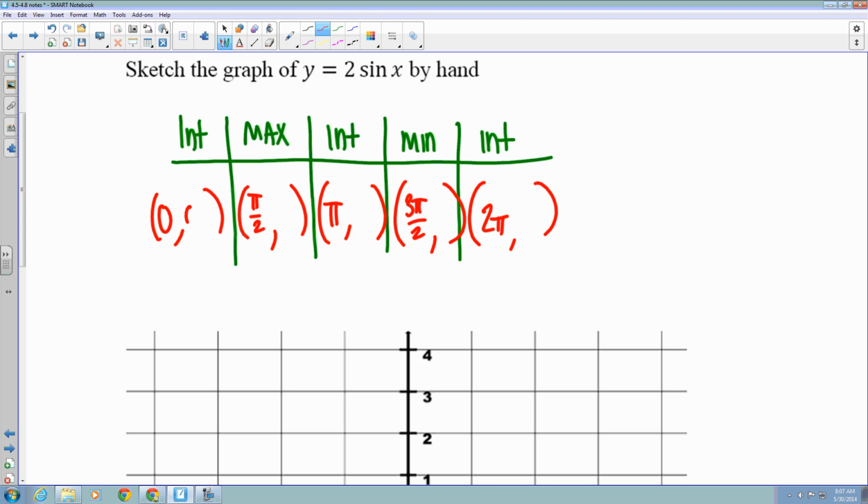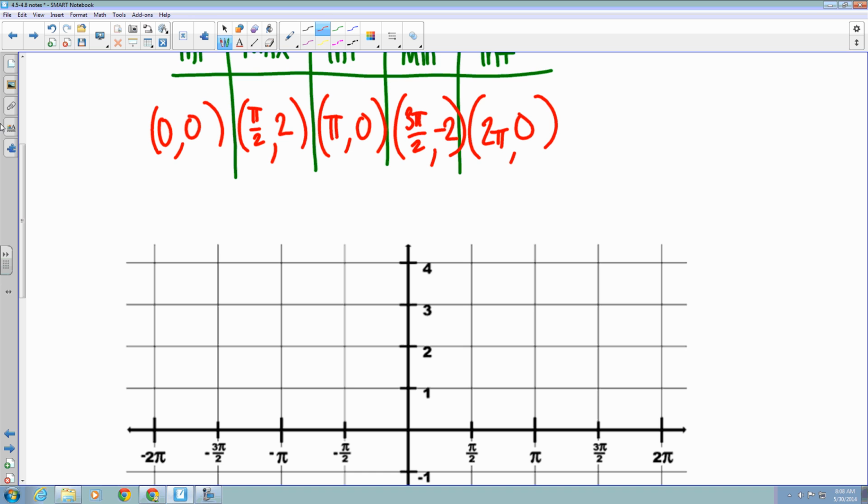So obviously the intercepts are all going to be zeros. That part's easy. The max then, all that 2 is doing is changing the height, like I said, so that max is going to be 2 instead of 1 like it was before, which makes the minimum -2.